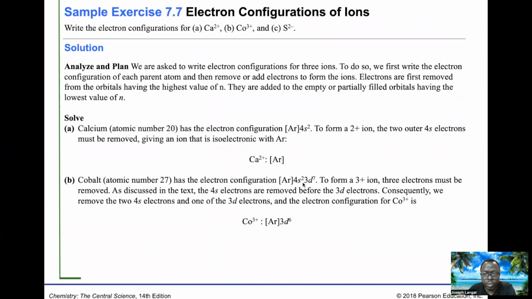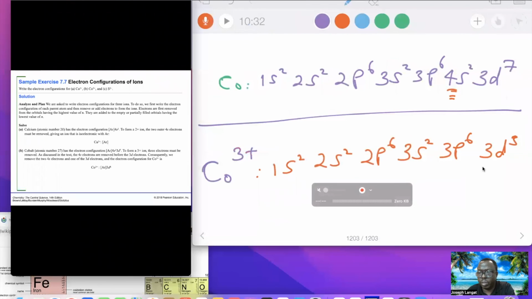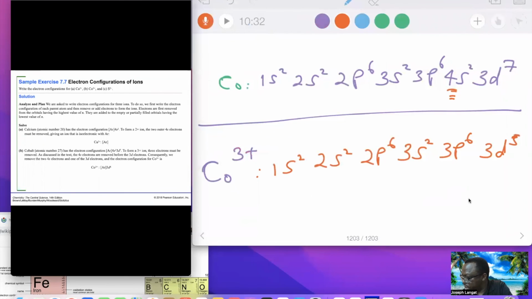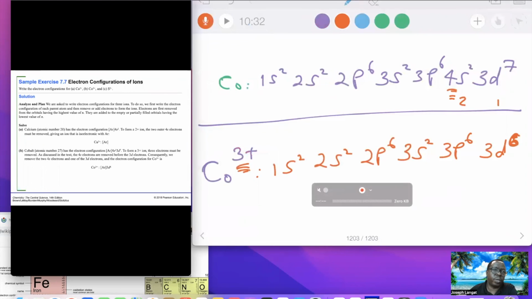The configuration should have been d7 right here. That's my fault. This should have been 27, d7. So we remove 2 electrons and 1 electron to create these cations.